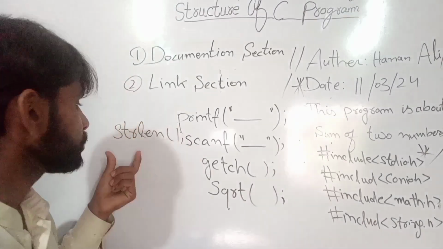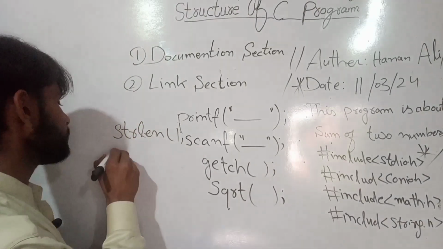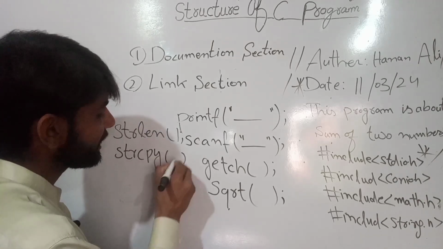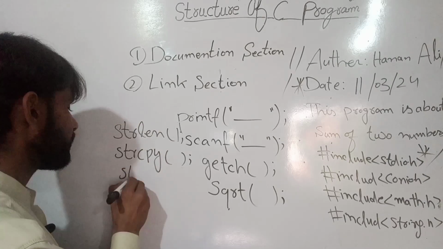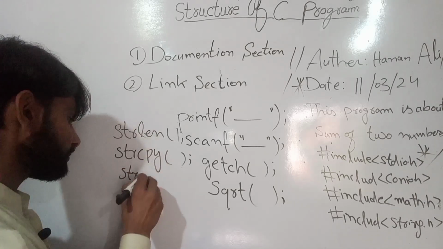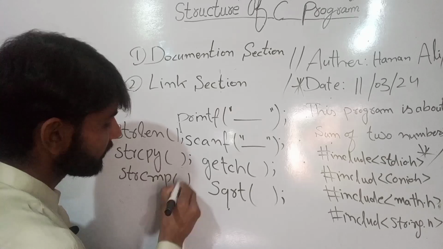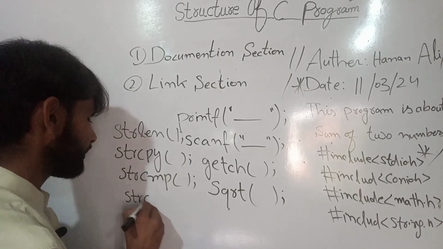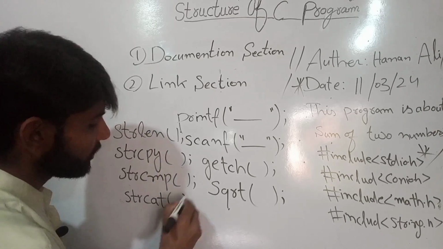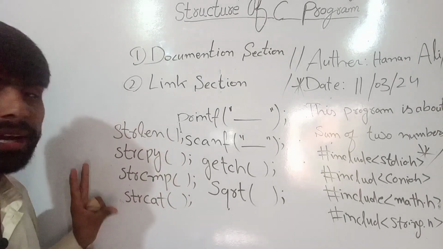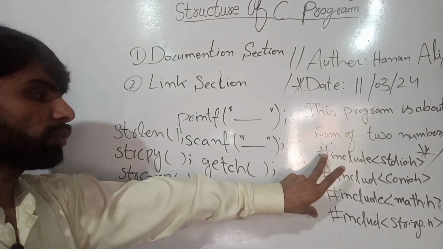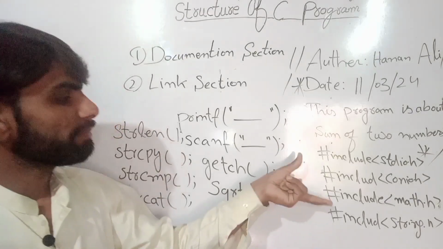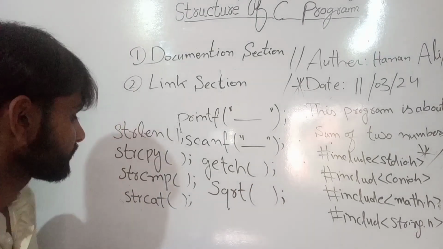Next we will use strcpy to copy a string, strcmp to compare two strings in our program, and strcat to concatenate two strings. So these are all functions we write in our program. That's why we need to include those library files in our program. These are a very necessary part of our program.